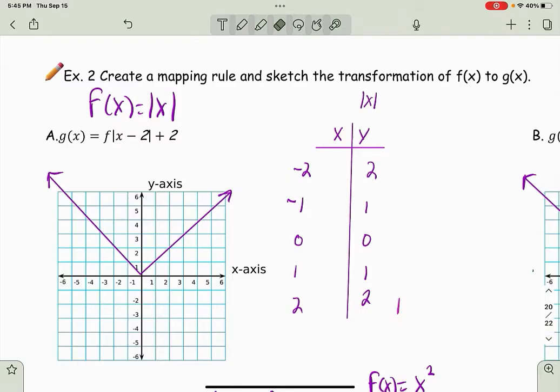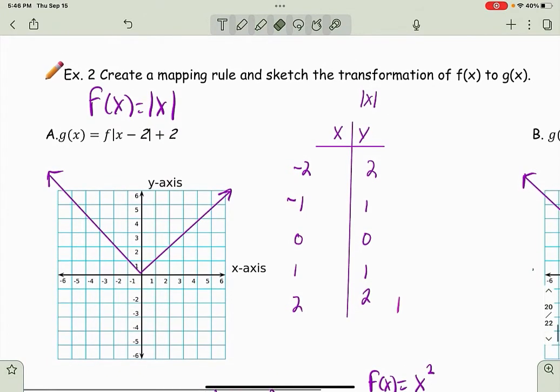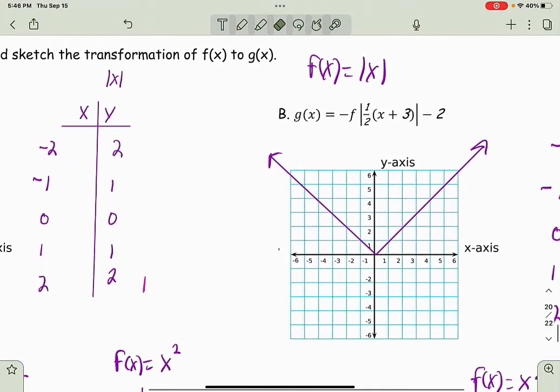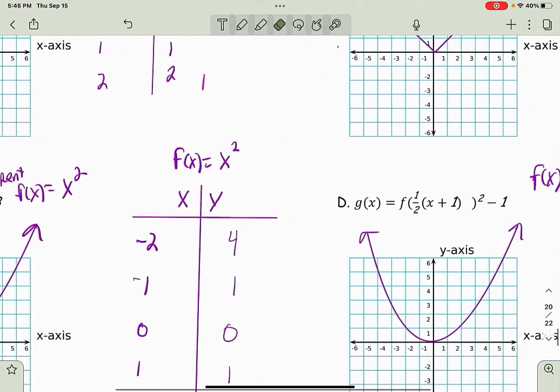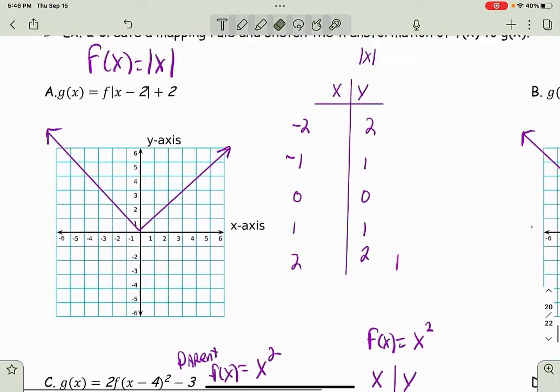So now we're going to try some examples using the techniques that we just finished learning. So the first thing we're going to do is look at these equations. And notice we have different transformations. The first two, a and b, are absolute value. C and D are quadratics.